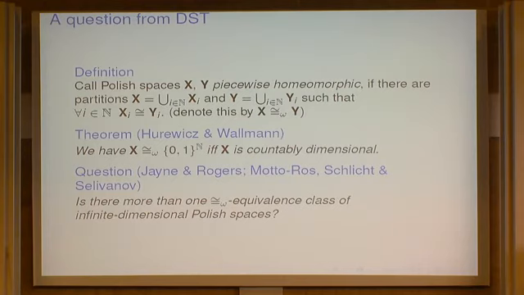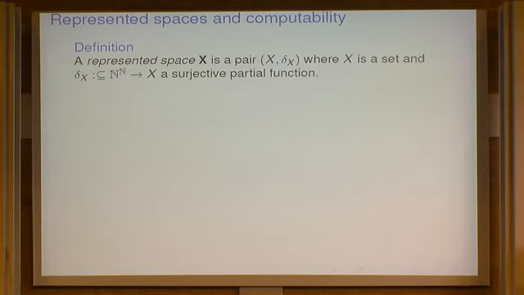But both Jayne and Rogers, and then more recently Luca Motto Ros, Philipp Schlicht, and Victor Selivanov, have some more. This is, for example, related to the question of there being certain Banach algebras which are not linearly isometric. This is related to the structure of Wadge degrees on these spaces and so on. And that's a question I'm going to answer. The contribution of computable analysis to this work is mostly the notion of a represented space.